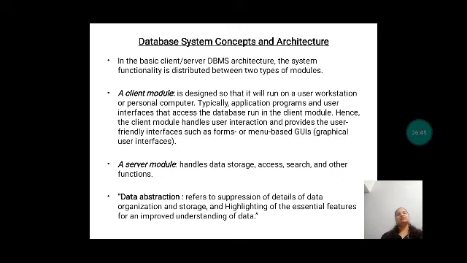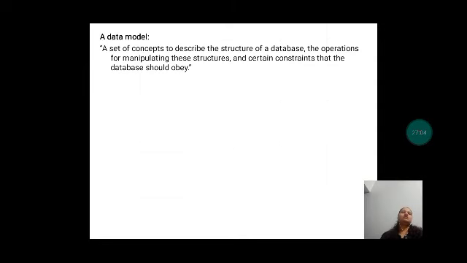Then we saw the concept of data abstraction. What is meant by abstraction? That is hiding the details of the data organization, that is how the data is stored, and highlighting only the essential features for an improved understanding of the data. Then we saw the data model. What is a data model?